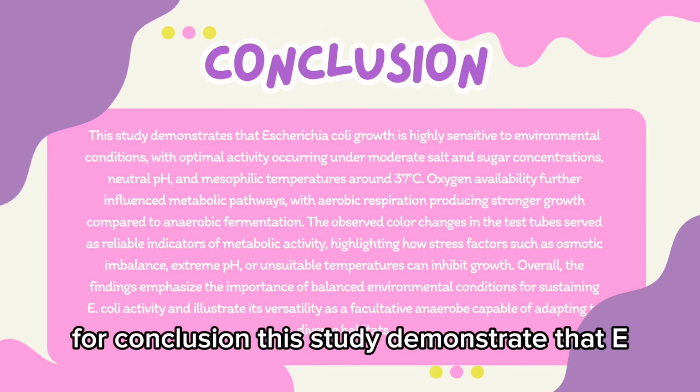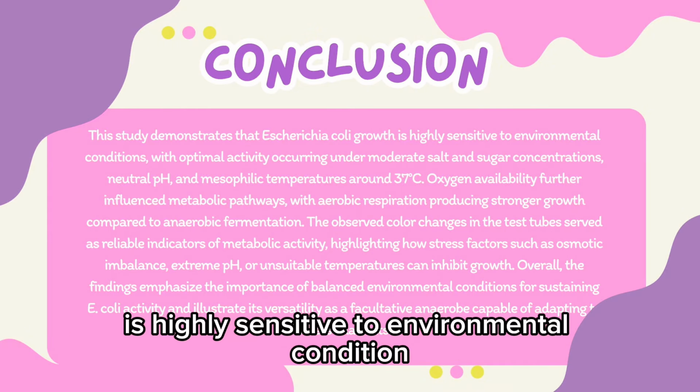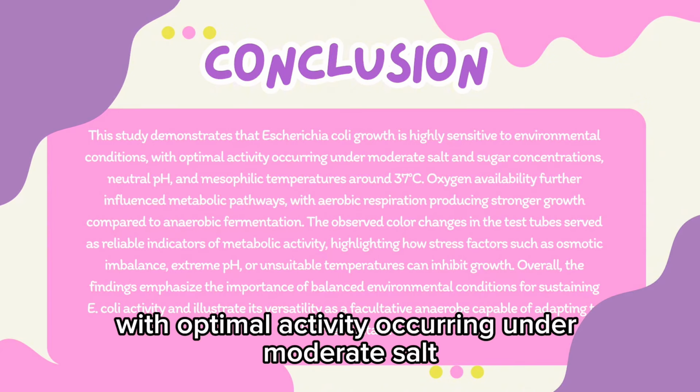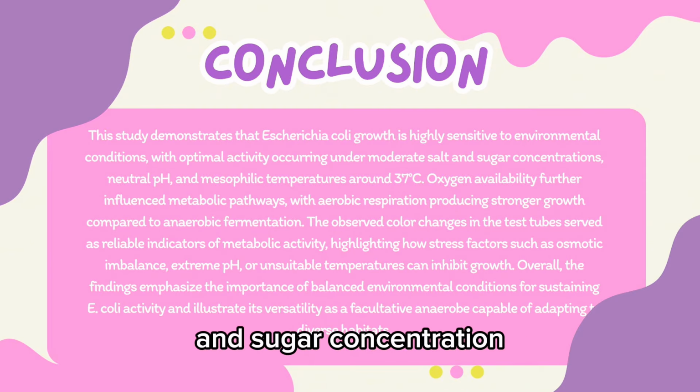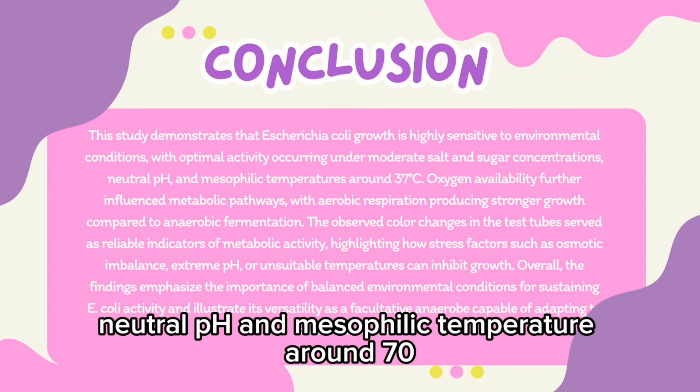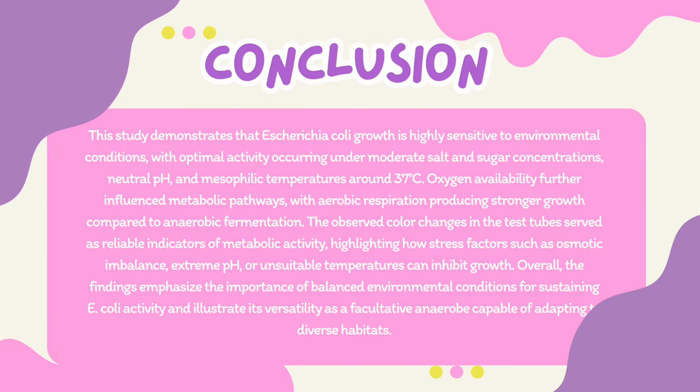For conclusion, this study demonstrates that E. coli growth is highly sensitive to environmental conditions, with optimal activity occurring under moderate salt and sugar concentration, neutral pH, and mesophilic temperature around 37 degrees Celsius.